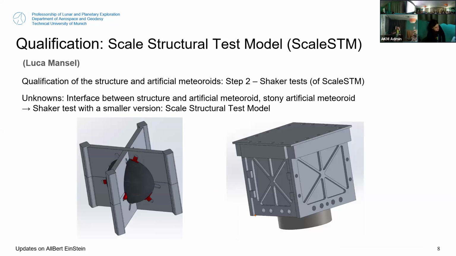We are doing qualification with a scaled model, really a tiny piece, and it looks very similar. It's just a 5 centimeter sphere. It's, as I said, stacked together. We put this into a box and on a shaker to get actual data.